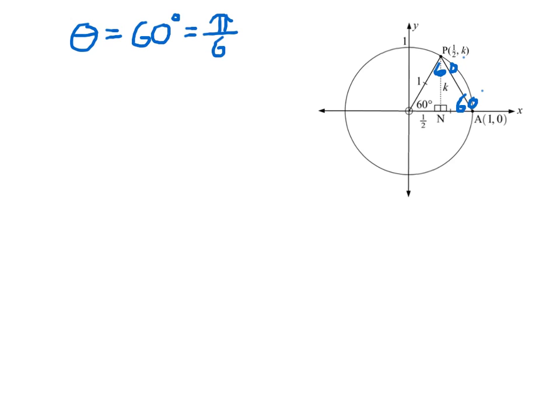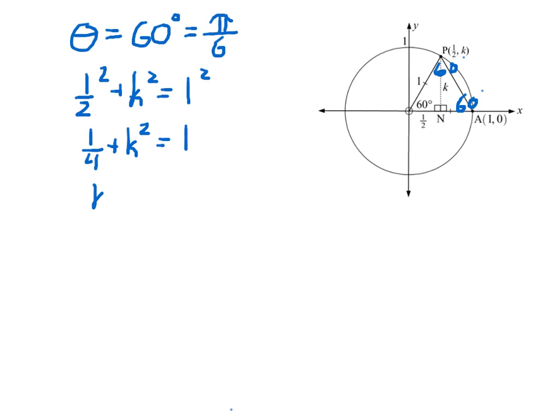We can use the Pythagorean theorem on the left-hand triangle here, where we have 1/2 squared plus k squared equals the hypotenuse squared, and the hypotenuse is 1. So I have 1/4 plus k squared equals 1.